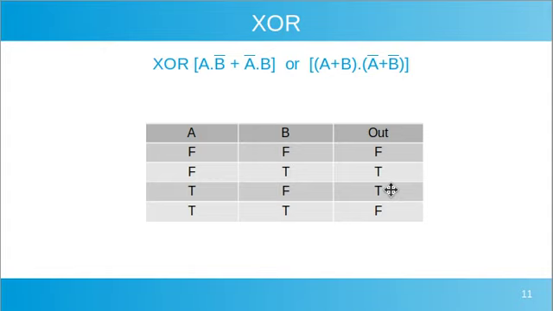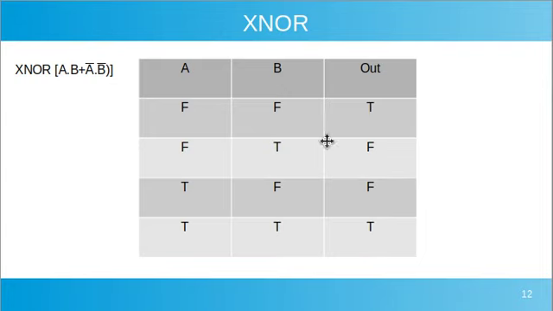This is the XOR operation. In the XNOR operation, this is all the possible combinations of A and B, and this is the output. If both of the input values are the same, the output will be true, otherwise it will be false.